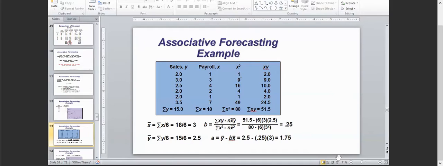For the first data we have 1, for the second data we have 9, and for the third data we have 16, right? So 3 multiplied by 3 we have 9, 4 multiplied by 4 we have 16, 2 multiplied by 2 we have 4, 1 multiplied by 1 we have 1, and 7 multiplied by 7 we have 49. So this is the total of x squared, 80.